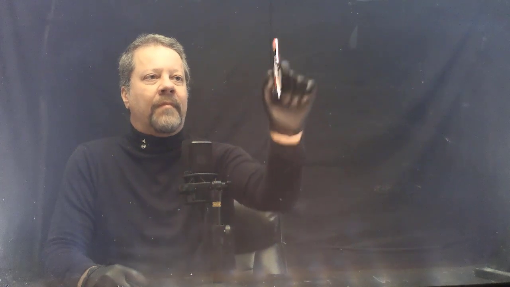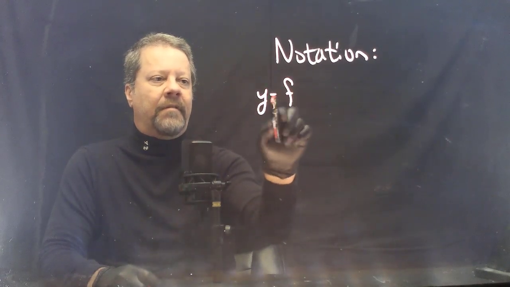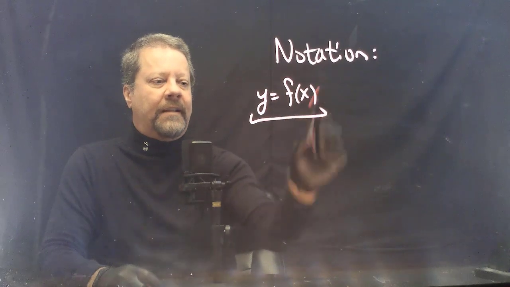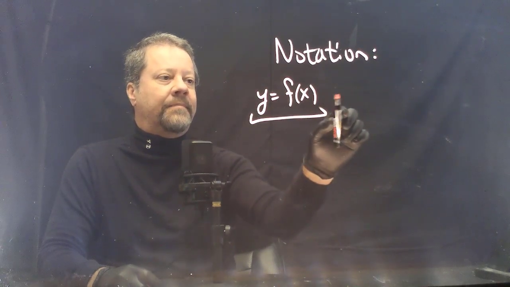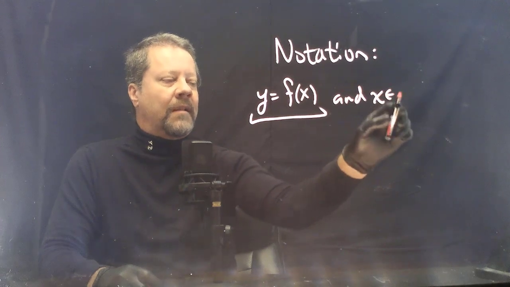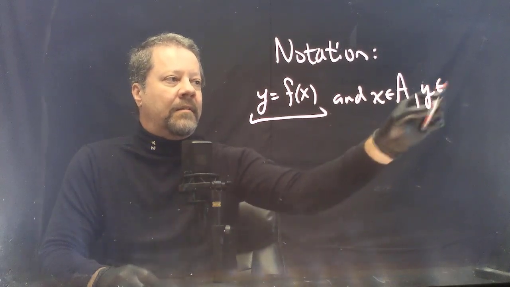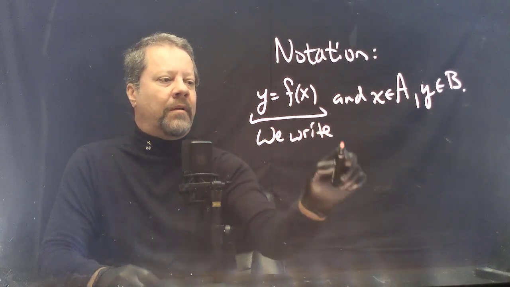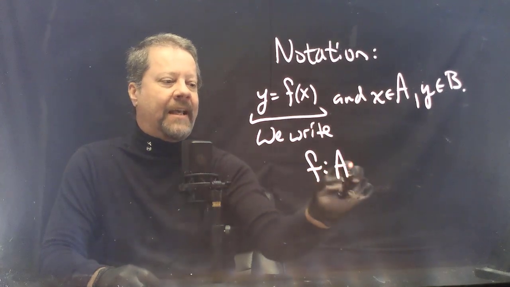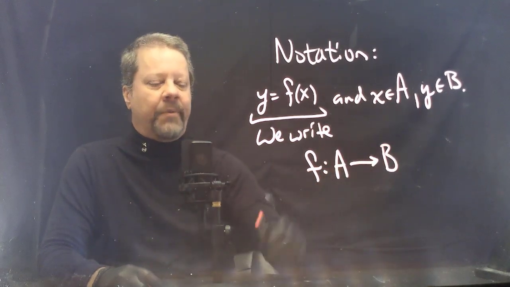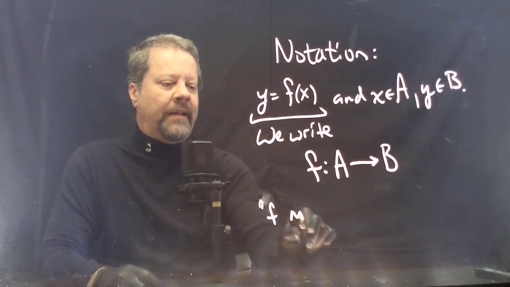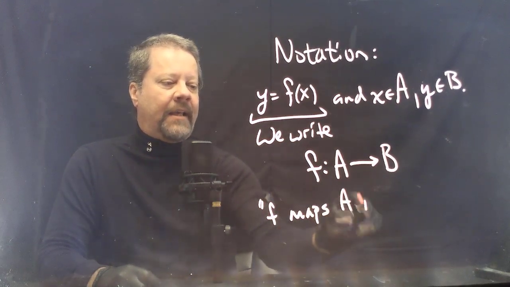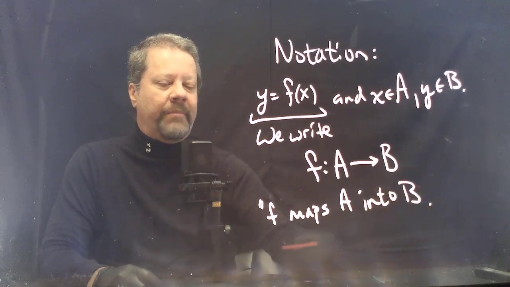Also, if f is like this, we often say, let's suppose x is in A, y is in B. We write f maps A into B, and that's how we read that. f maps A into B.